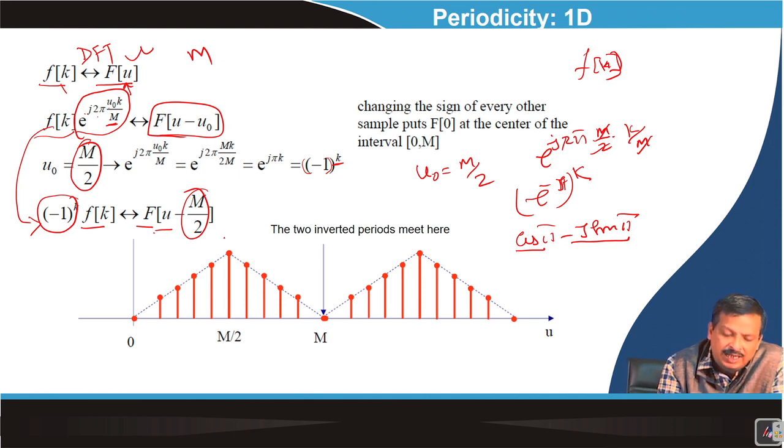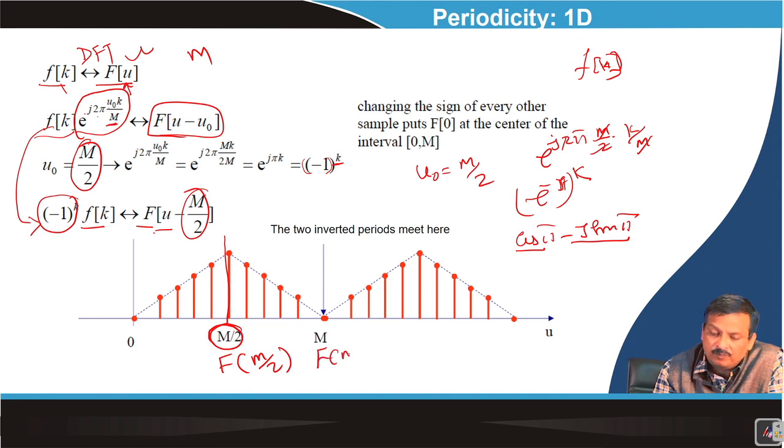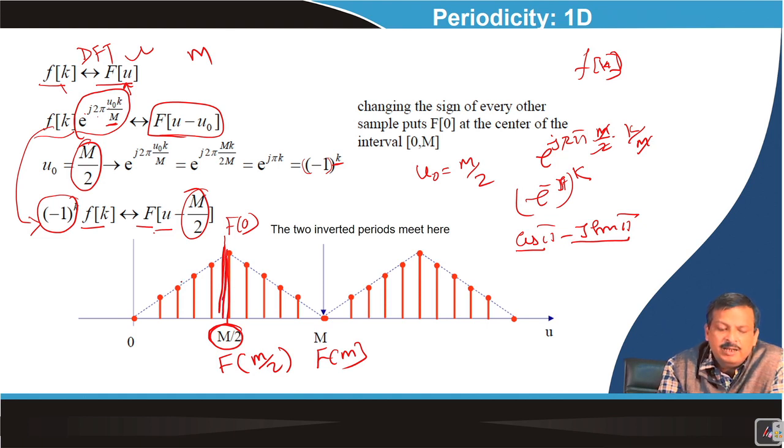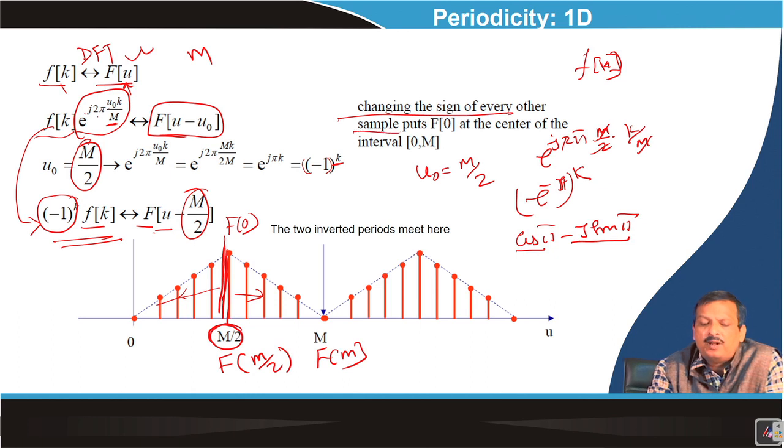So if this is F of m by 2 and this is F of m, now if I put this m by 2, u0, at the center, F of 0 at the center, then if you see, on both sides, negative or positive, it is nothing but a sign change: changing the sign of every other sample puts F0 at the center of the interval 0 to m.